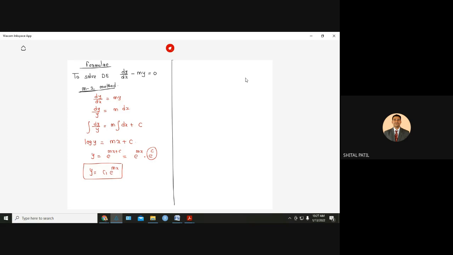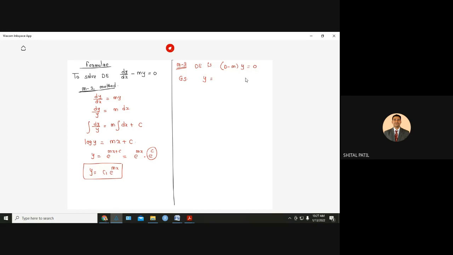Now let me use the M3 method. Till now we have not studied it, but whatever we studied till now, I will use for M3. So we have a differential equation like this: d minus m, y equal to 0. Now tell me what is the general solution.